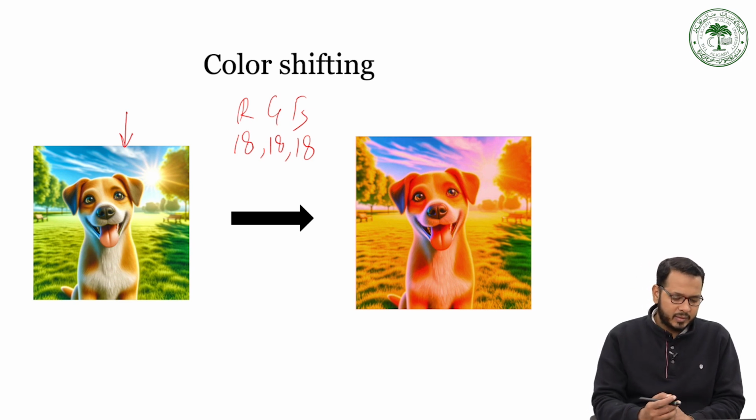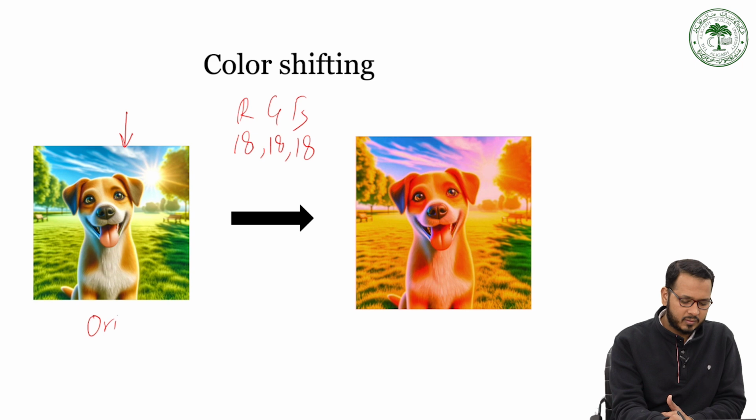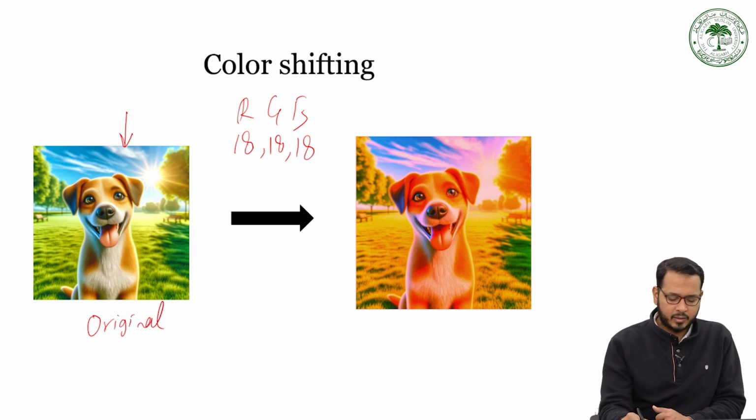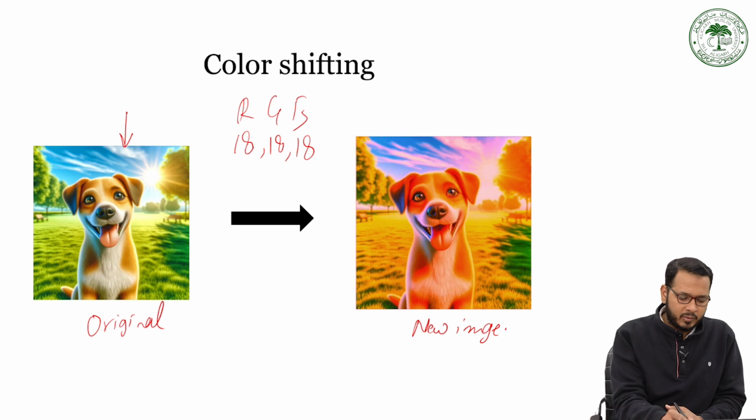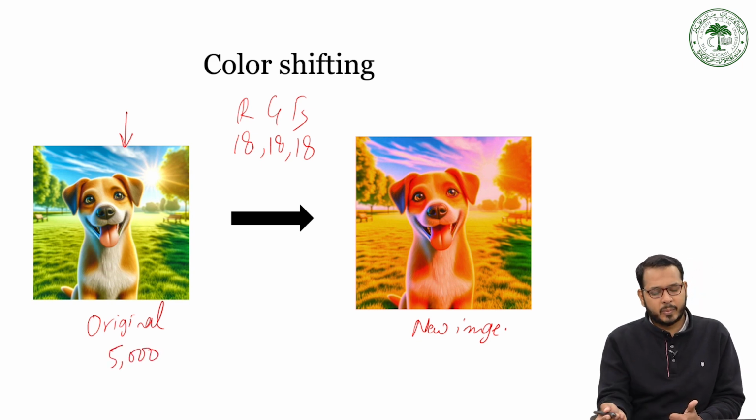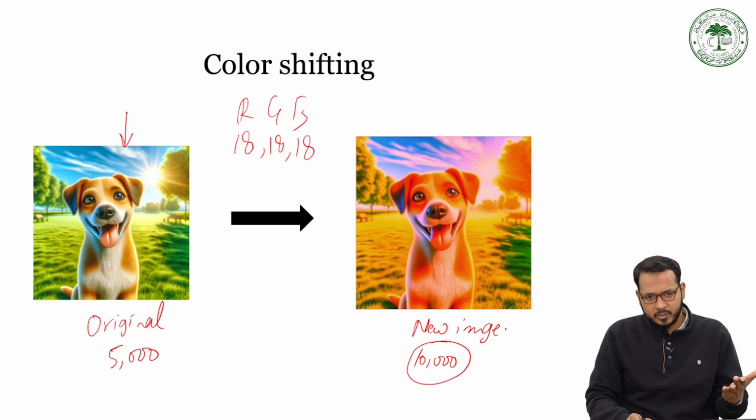Now, what is the benefit? This was the original image and this is the new image. If we simply apply only color shifting on the original data set, let's say the original data set had 5,000 images, then just by applying color shifting, we can have a total data size of 10,000 images, where 5,000 are the original images plus 5,000 are the new images generated by applying color shifting.